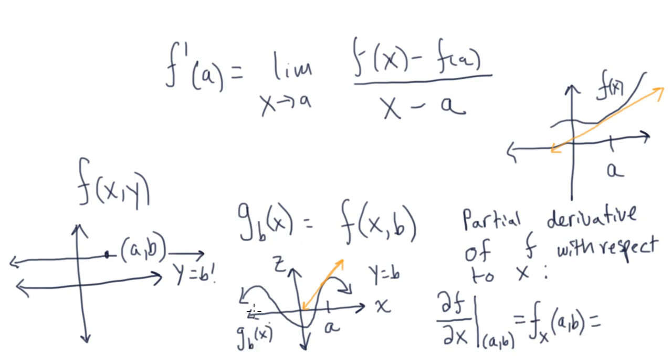Well, it's the derivative of this function g sub b of x with respect to x. And notice that I have a dependence on the y point b, and now I'm taking the derivative and evaluating it at a, exactly in the one variable situation.